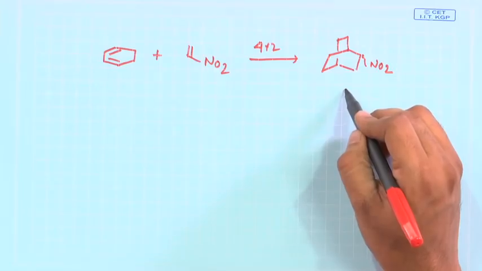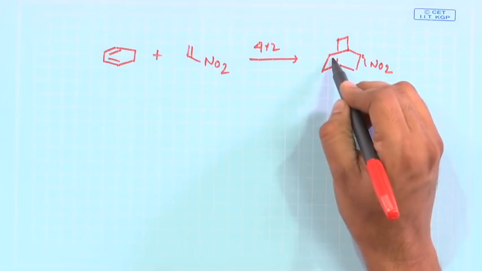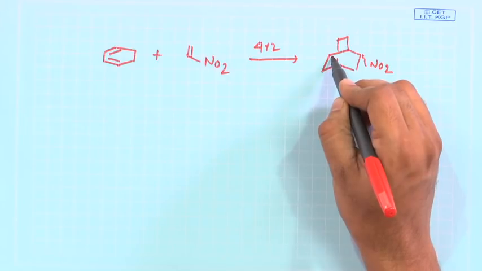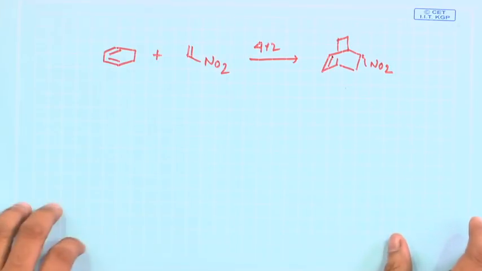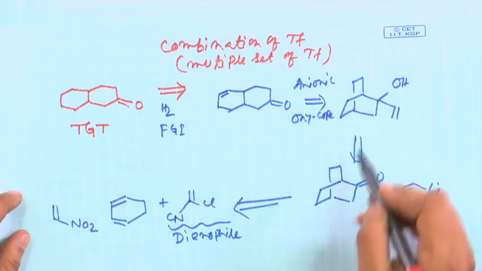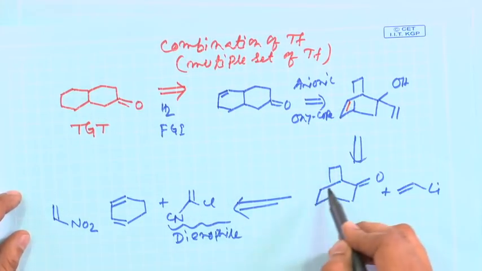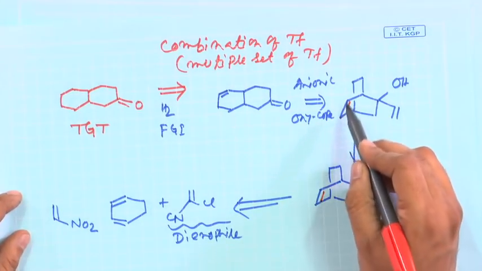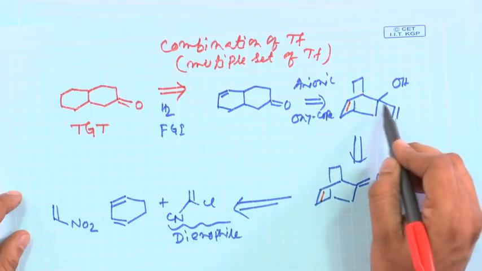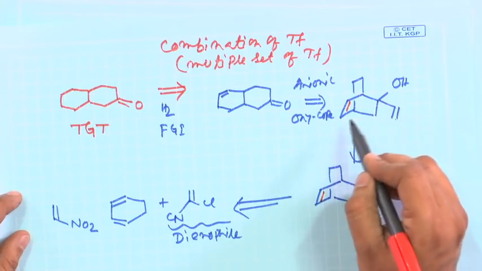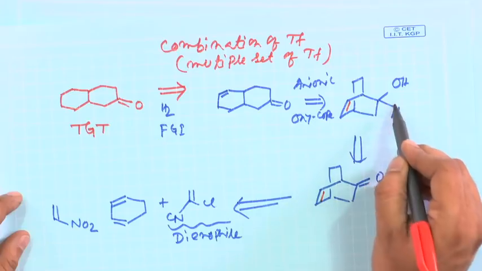Now, you have another double bond definitely there. In all cases you will have this double bond, because you need an anionic oxy-Cope rearrangement, 1 2 3 1 2 3. So, this is the oxy-Cope network, 1 2 3 1 2 3. So, everywhere you have this double bond, fine.